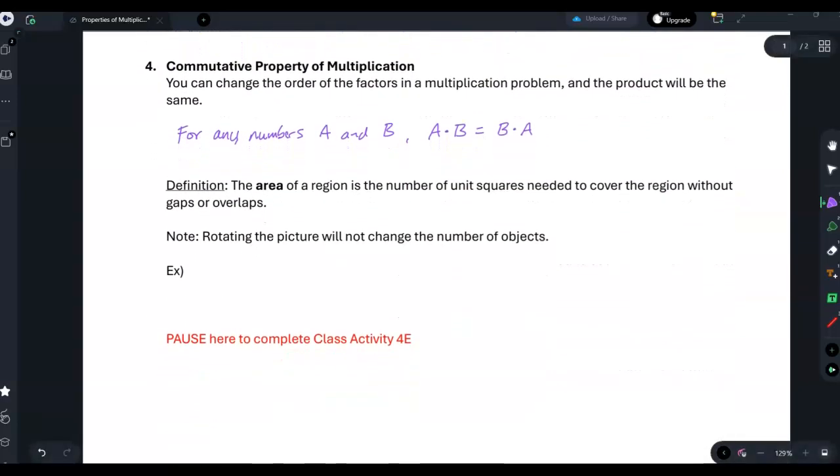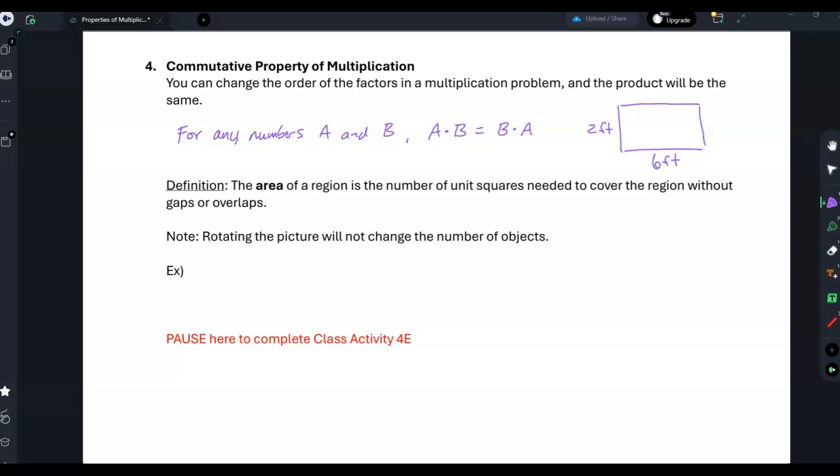All right, and then we're going to talk a little bit about area, because this actually is a good visual method for talking about the commutative property. So we know that the area of a region is the number of unit squares needed to cover the region without gaps or overlaps. So for example, if I had, let's say, a rectangle, and let's say that this is 2 feet by 6 feet, right?